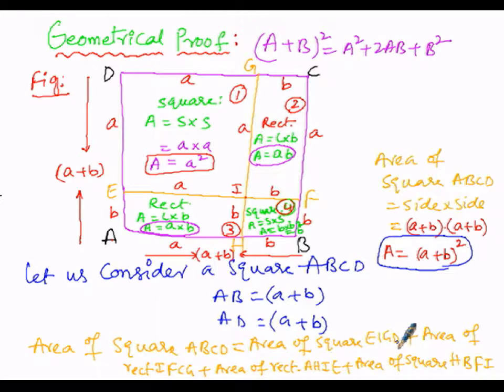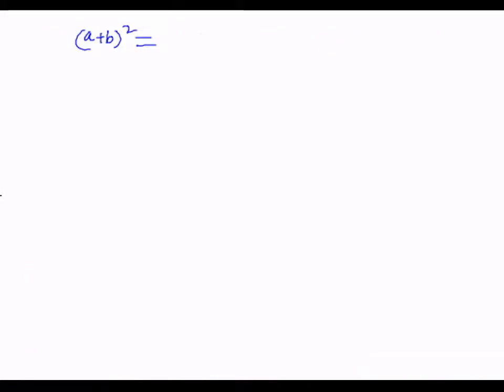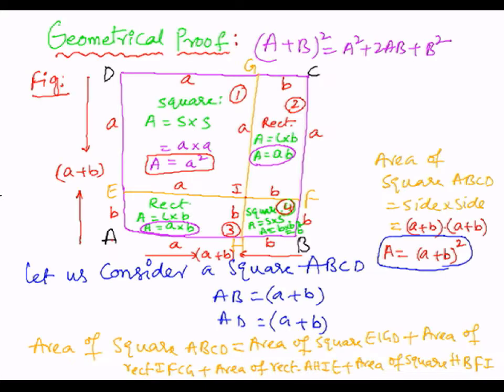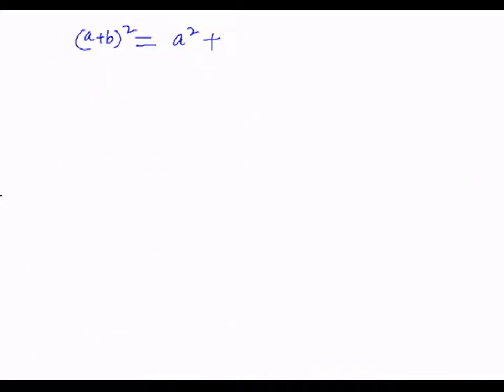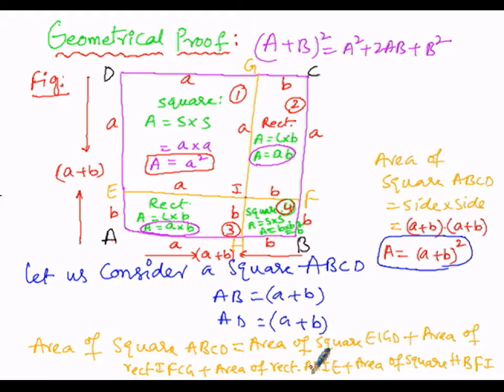The first figure area is A square, plus the second figure, the area of the rectangle IFCG, is AB, plus the area of the third figure AHIE, the third figure area is A into B, that is AB.